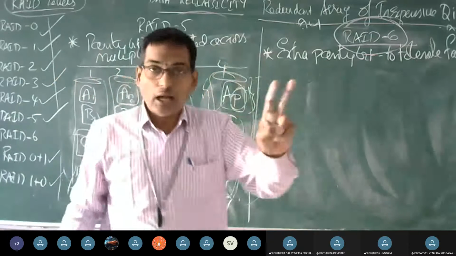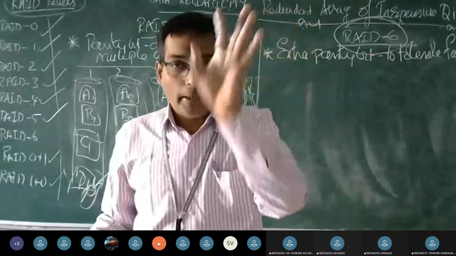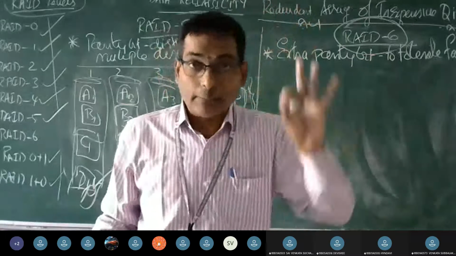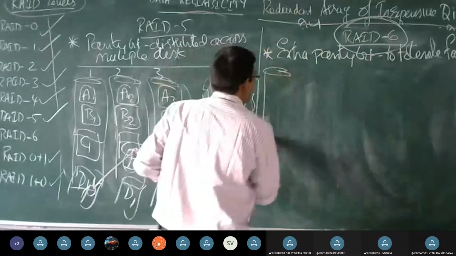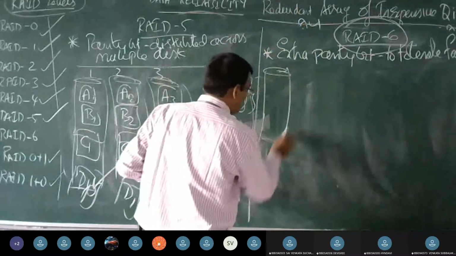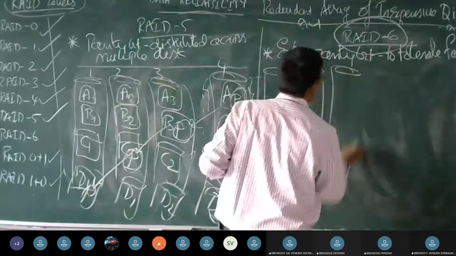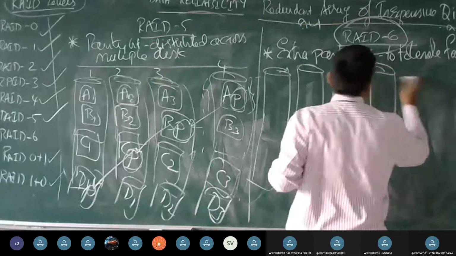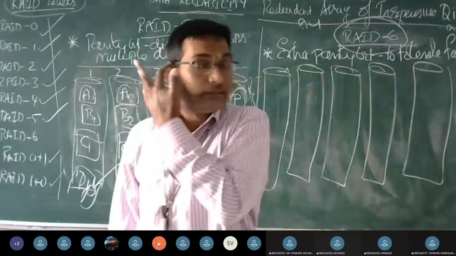That means we have two parity bits, parity P and parity Q. Parity Q is going to be a backup for parity P. In this case, we are going to draw 5 disks rather than 3 disks.